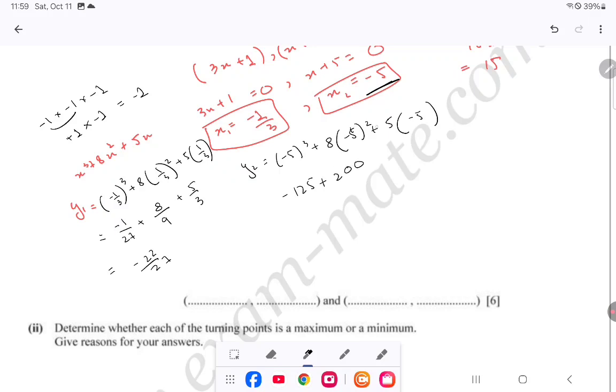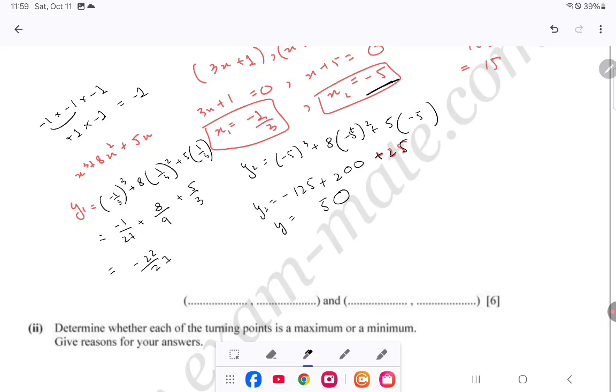The square of 5 is 25 into 8. Now 5 into negative 5 is negative 25. Simplify further and it gives you a value of 50.